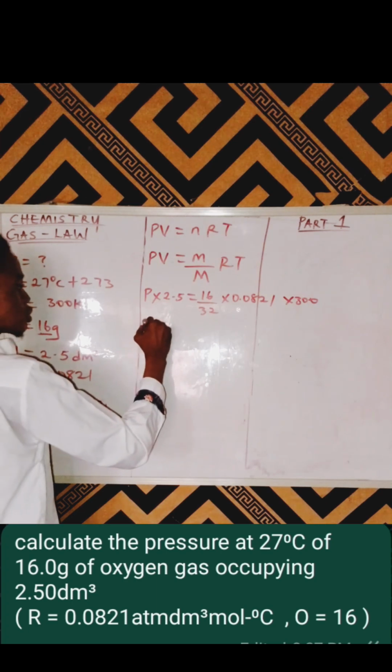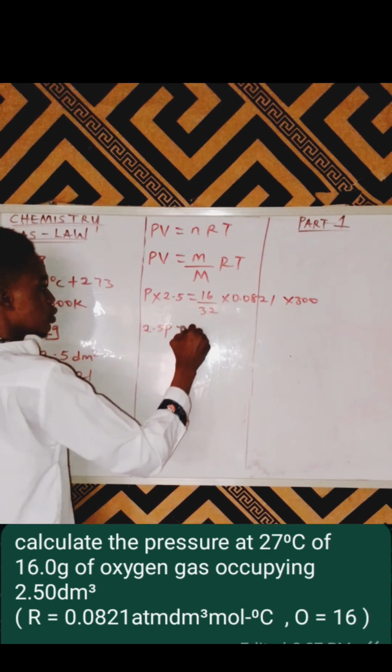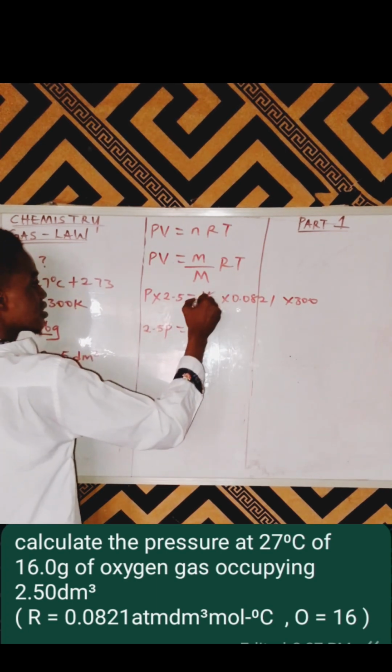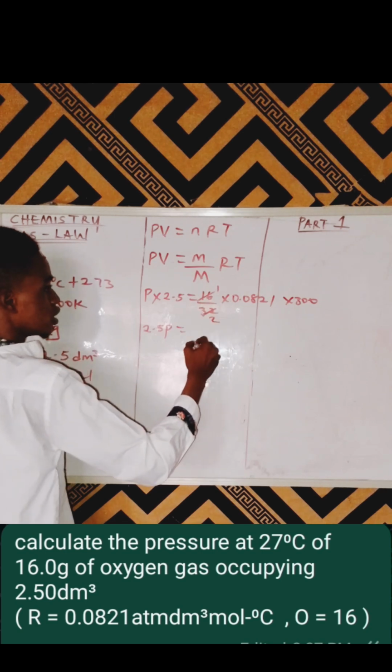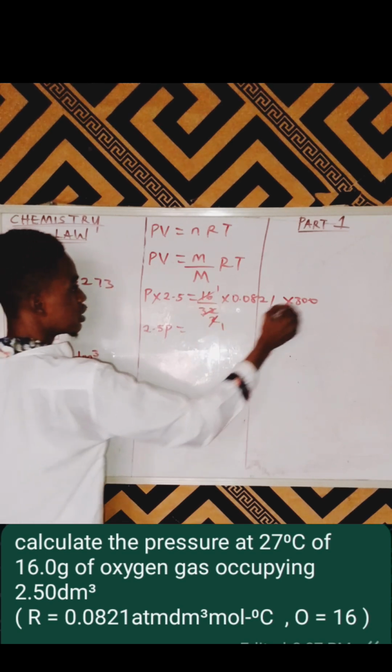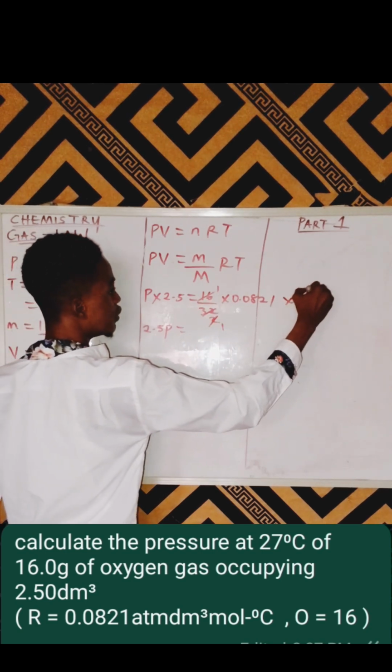So I'm going to have 2.5P is equal to 16 over 32, which is 1 over 2, and 1 over 2 times 300 is 150.